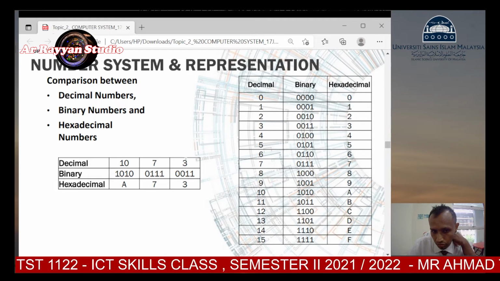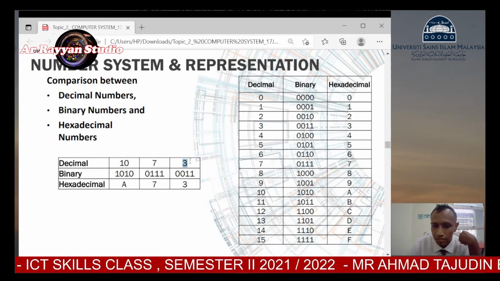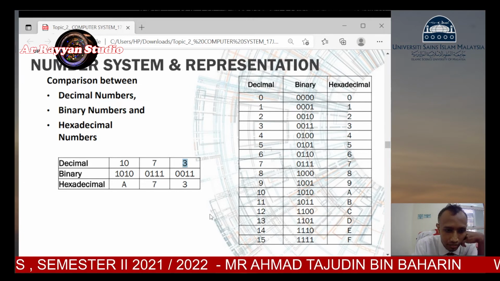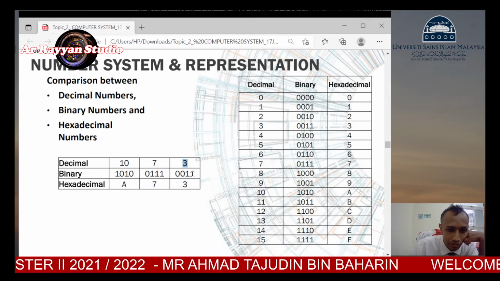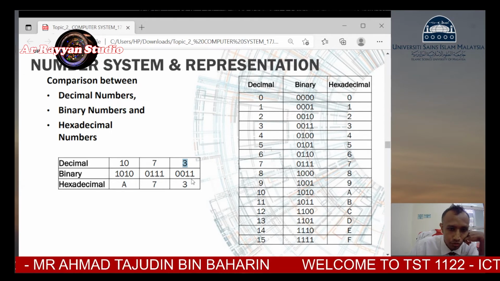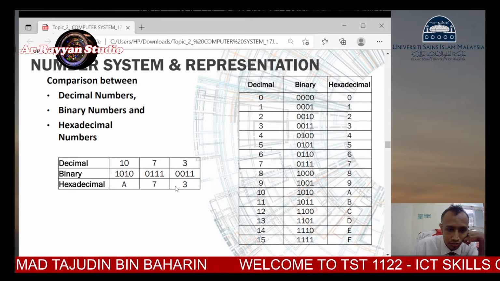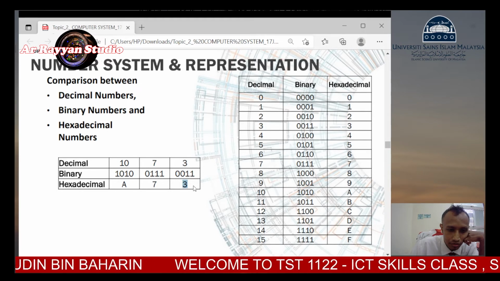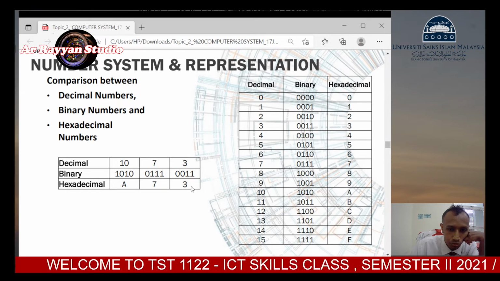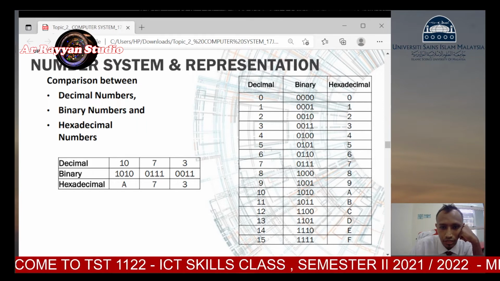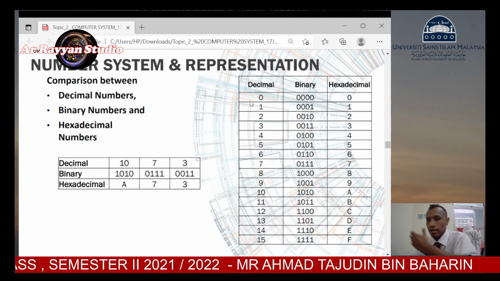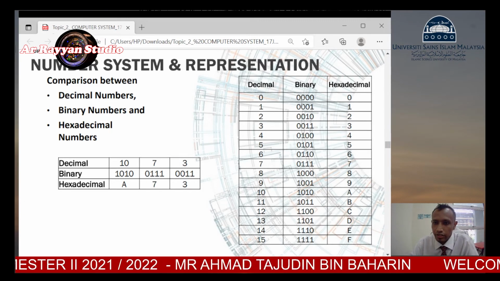Okay, so another example, dalam decimal kita represent 3 macam biasa kan, 3 kan. Bila kita tekan huruf 3 ni, komputer akan tafsirkan ialah 0011. Itu adalah nombor 3. So dalam hexadecimal dia tetap juga akan represent nombor 3. Okay, look at on the table on the right side. I mean that on your right side.